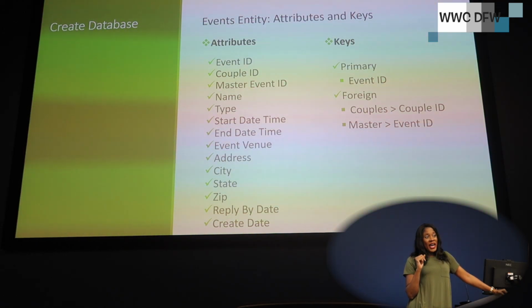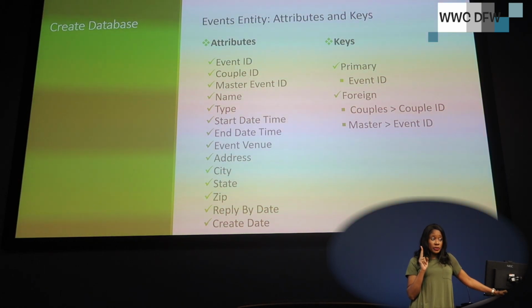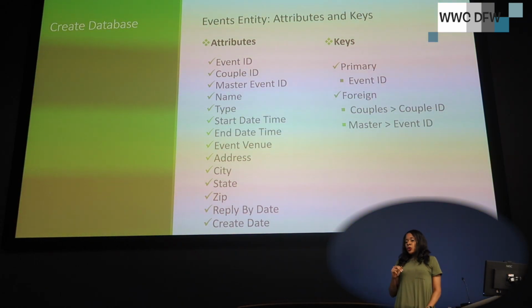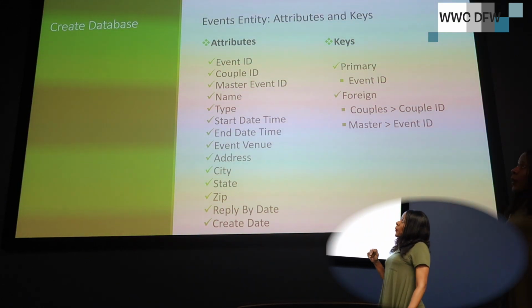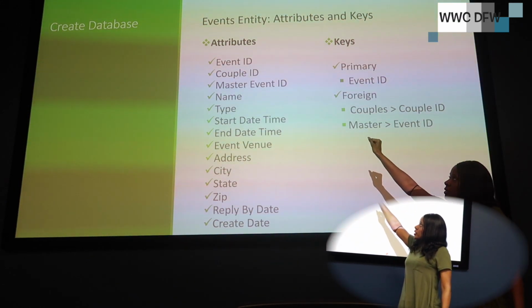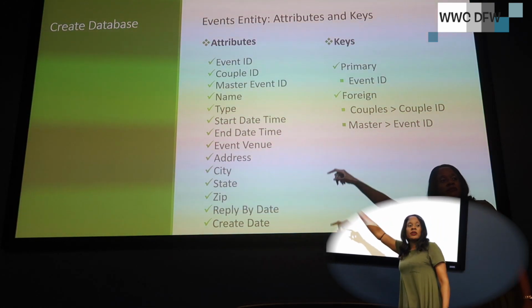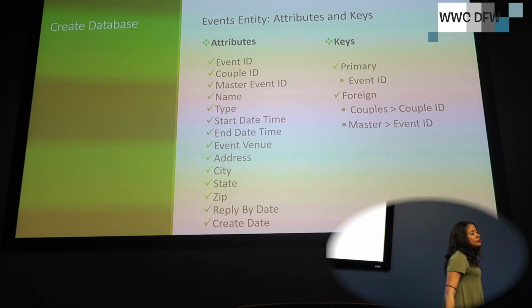If the couple is going to have a reception, then you've got a row in the database for couple number 1, that's for a wedding. Then you have a second row that's for the reception. On the row for the reception, it would get the primary key of the wedding as the master event ID. So we can link them.